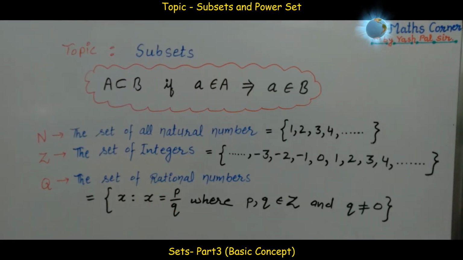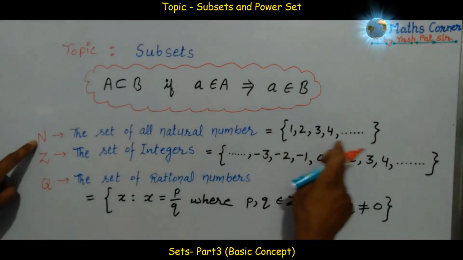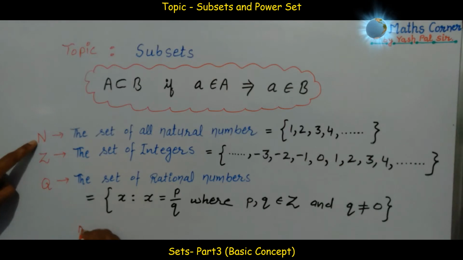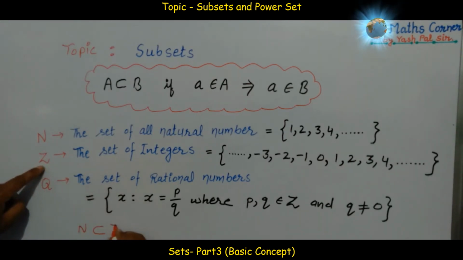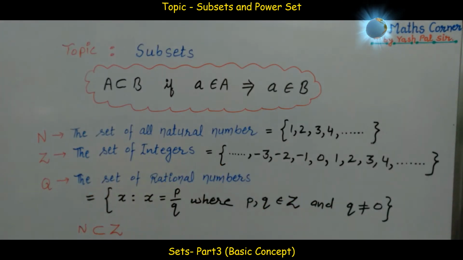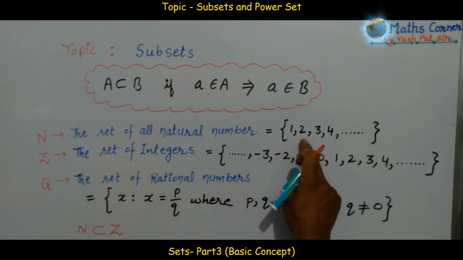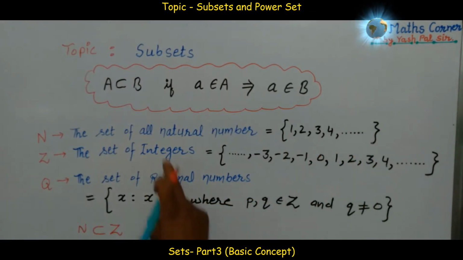Now here, what is the conclusion? The conclusion is that all the natural numbers are a subset of Z, the set of integers, because the set of all integers contains the set of all natural numbers.